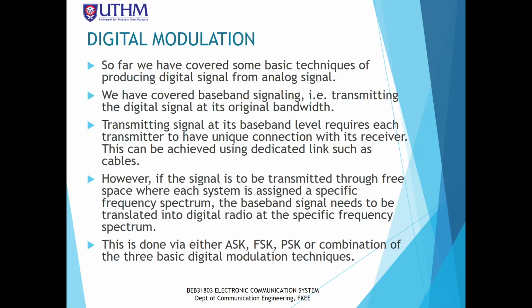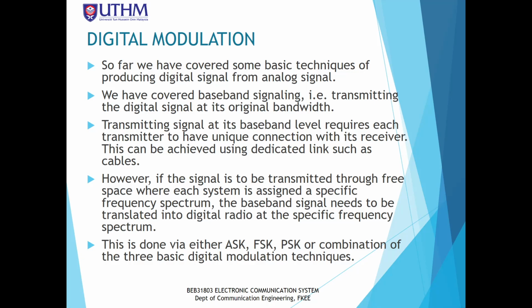Digital modulation in this topic means that we want to transmit the digital data into a wireless medium. When we want to transmit digital data through free space or through the air, we need to transmit it as an electromagnetic waveform.